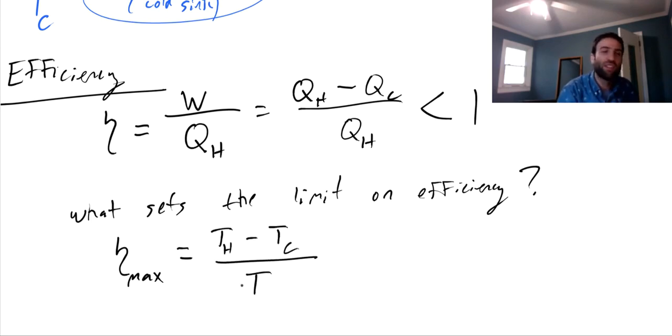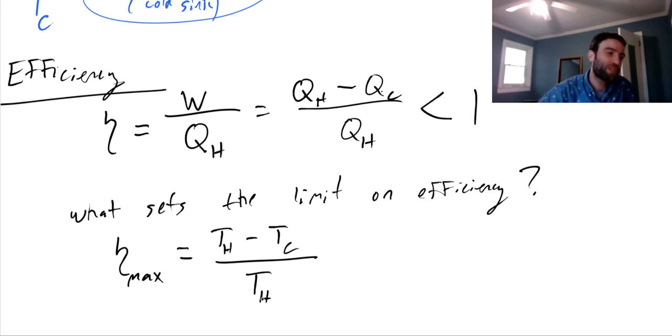So just like the efficiency is Q hot minus Q cold over Q hot, the maximum efficiency turns out to be T hot minus T cold divided by T hot. Right? And this is a result due to a French scientist named Sadi Carnot. Okay.